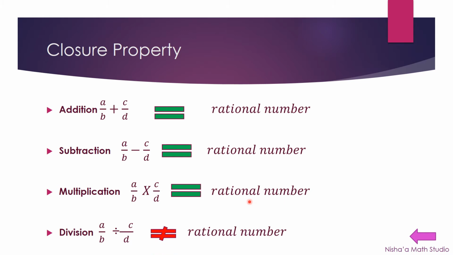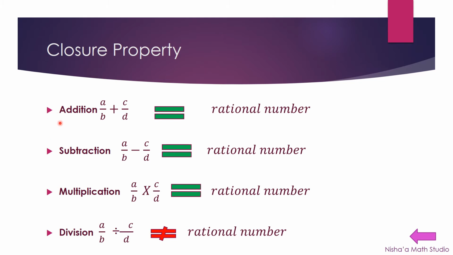But in division, a by b divided by c by d will not give you a rational number if the denominator comes 0. Otherwise, for all others it will hold good, but if the denominator is 0, then in the division of rational numbers, closure property will not hold good.